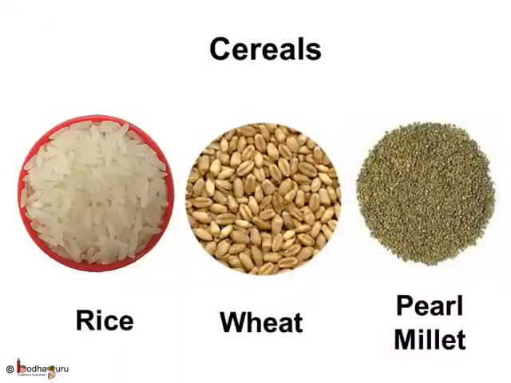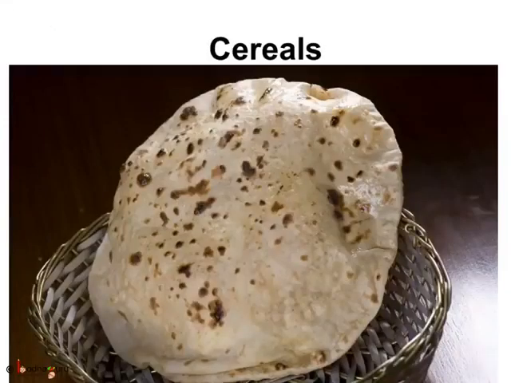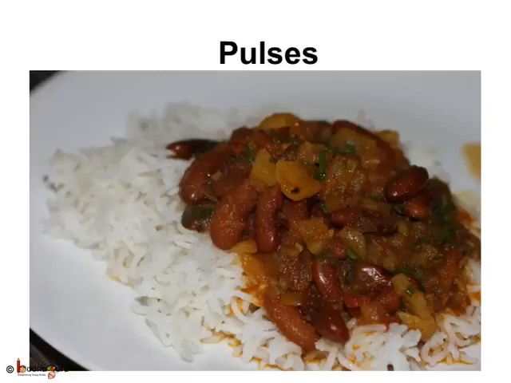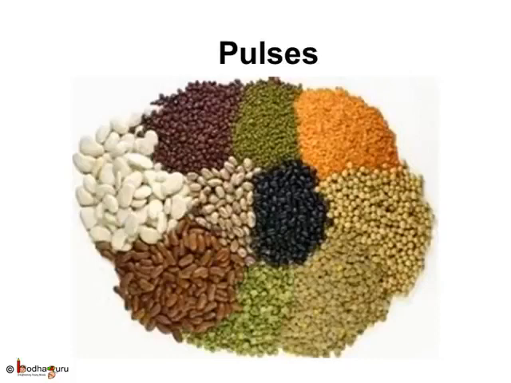Not just rice, the various cereals like wheat, maize, barley are also the seeds of the plants. Even the pulses we eat along with the rice or chapatis like gram, peas, beans, kidney beans are the seeds of various plants.